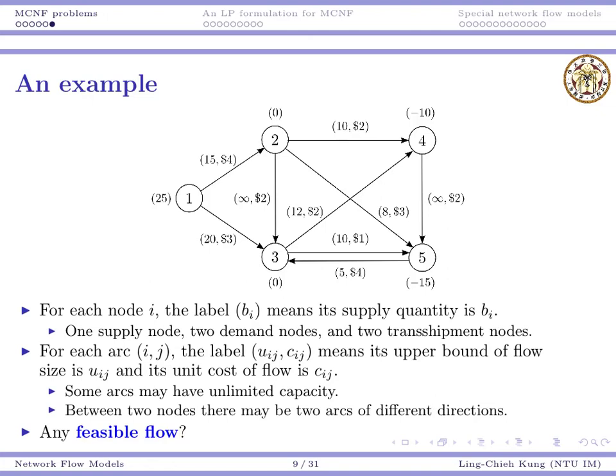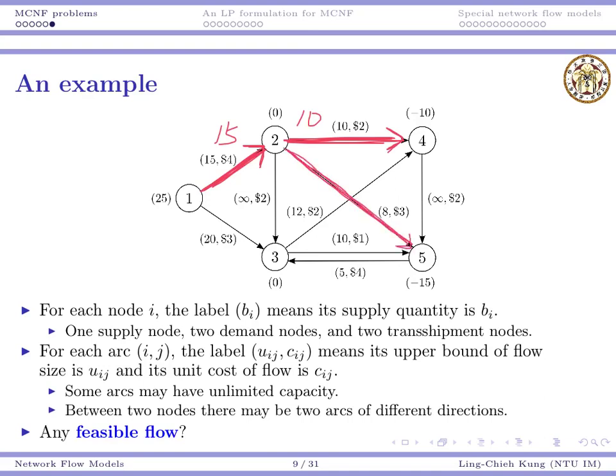So one example is like this. Let's try this. How about sending through arc 1, 2 for 15 units? Well, I'm not sure whether it will succeed, but let's try it. Okay, after this, I can send through arc 2, 4 for 10 units, right? And then for node 4, the demands are satisfied. I still have 5 units unused on node 2. So how about this?